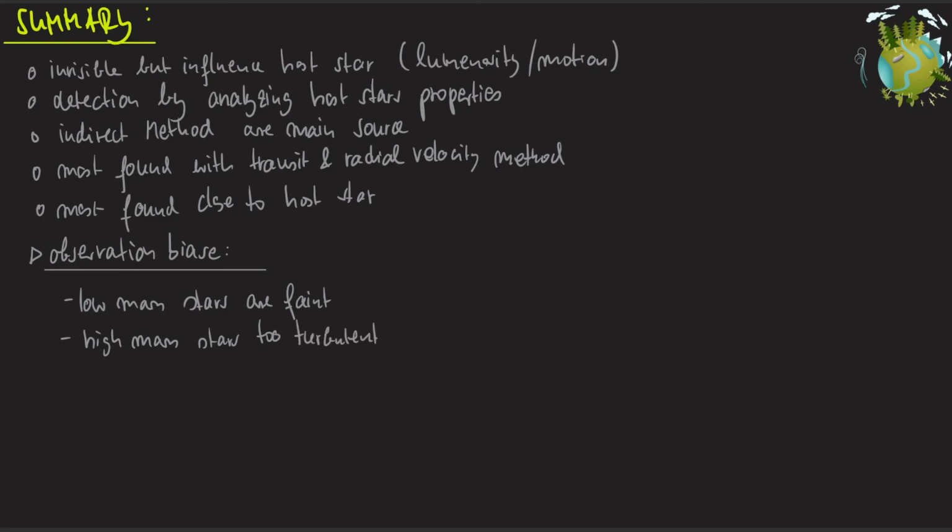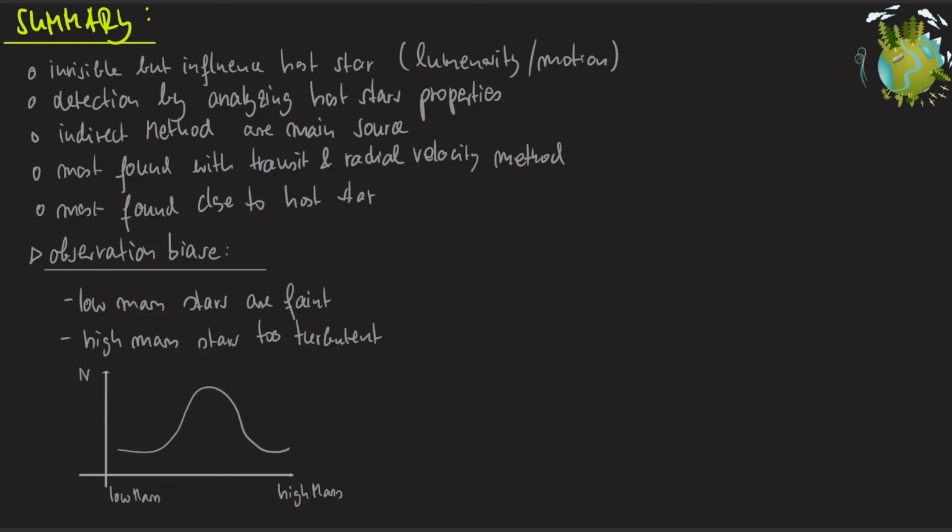So if we have a graph here, we have low mass on this end and high mass on this end. And here we have the number of stars. We will most likely have a concentration of findings in the middle of these two.